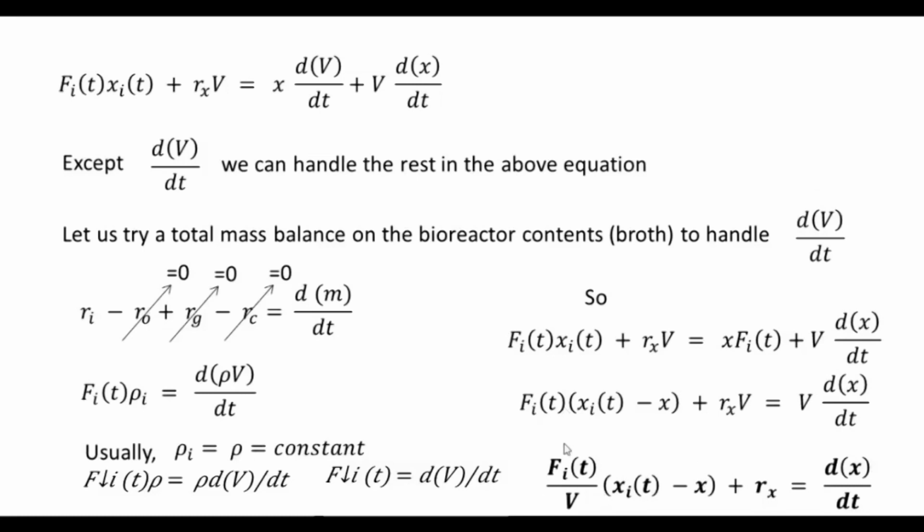If these functionalities are known, then we can solve this to get the cell concentration profile in the fed batch bioreactor. I think we will stop here for this module. In fact, we have completed this module on bioreactor analysis, the common modes of operation, the analysis of that.